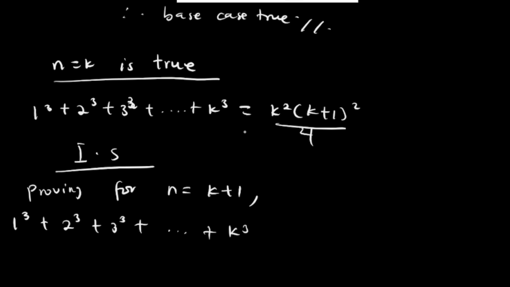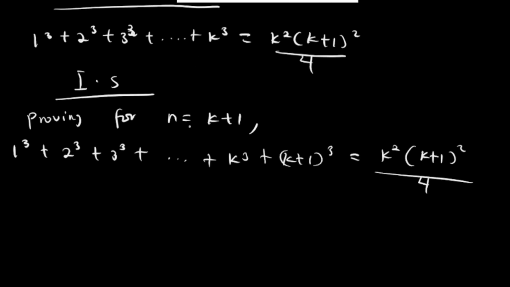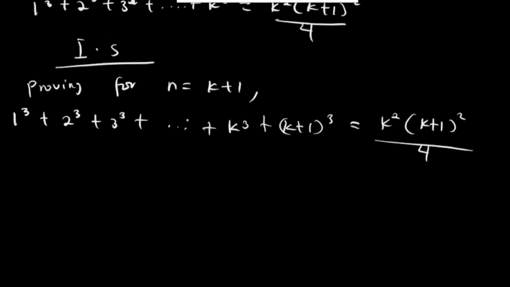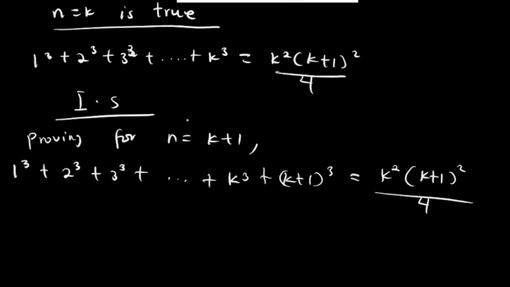It's a series, so this one will maintain. Then we add the k plus 1 all cube should be equal to k squared multiplying k plus 1 all squared all out of 4. Alright, once you have this, then we are good to go to prove that our left hand side here is equal to right hand side. But we can only do that from our assumption.